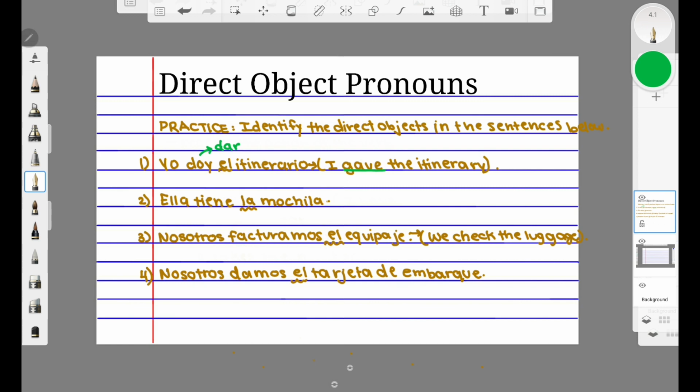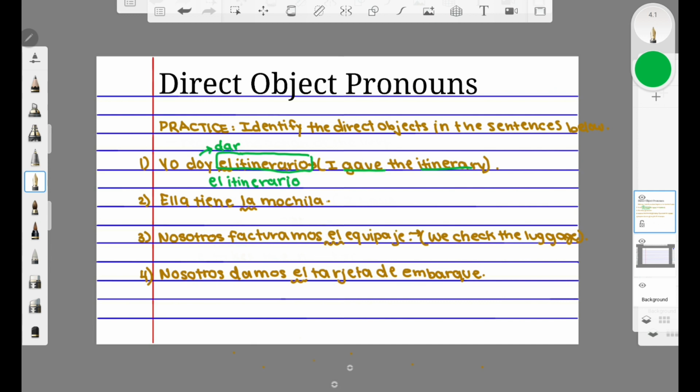So now that we have our verb, it should be easy. I gave what? I gave the itinerary, and this one, since the Spanish word is a cognate, it is easy to identify it. So the direct object is el itinerario, or the itinerary.